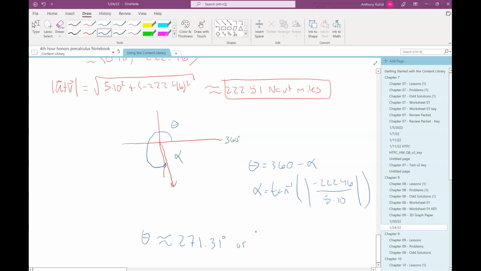Or if I wanted a bearing, I guess this piece alpha is like 88.69 would have to be. Just doing some arithmetic in my head. So the bearing then would be 90 plus that, so 178.69.